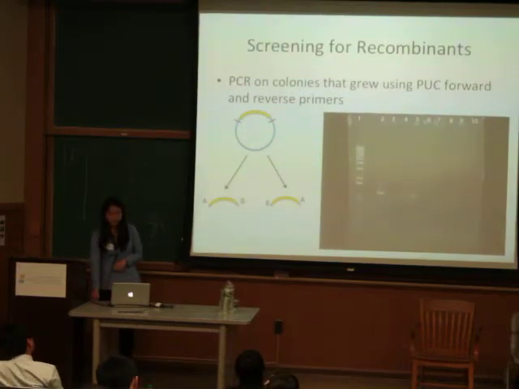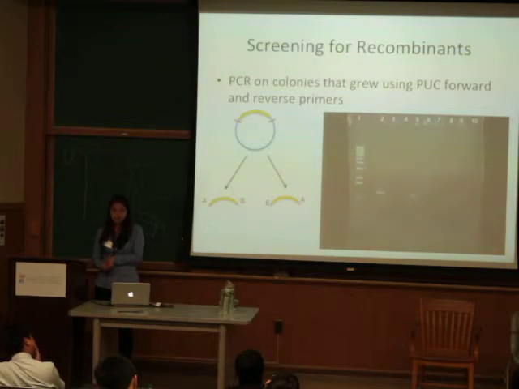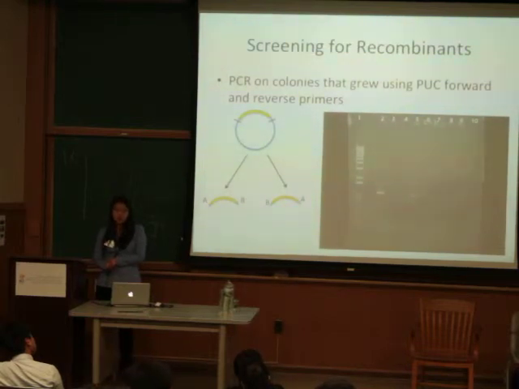And so if the plasmid did take up the wild type gene and it was successfully picked up by the cell, then the gene in between will be amplified, and I can visualize that on an agarose gel. But if there wasn't a gene that got picked up, then there would be nothing to be amplified in between the two sites, so it would be blank.